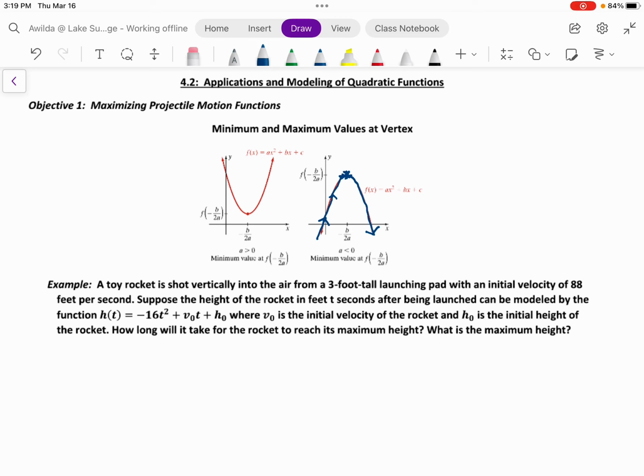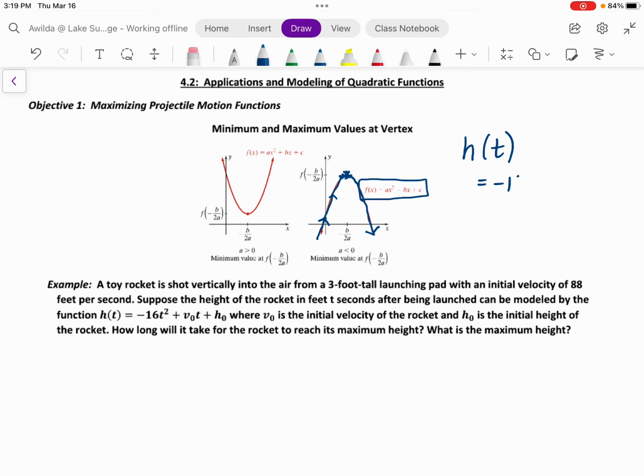That means that the path of a projectile follows a quadratic equation which can be written in either vertex or standard form. In this case, we will model such an equation as the function h for height, where the input is t for time. In general, this equation has the following formula.